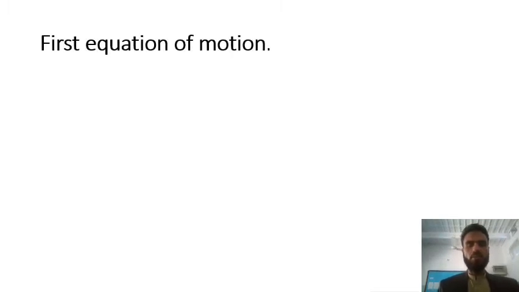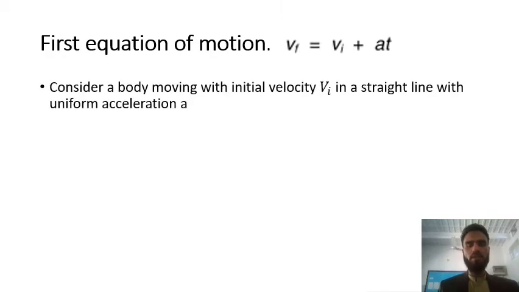So, first equation of motion, which is Vf is equal to Vi plus At. We have already discussed which type of symbol should be used for which type of quantity. So in order to derive this equation, consider a body which is moving with initial velocity Vi in a straight line, first assumption, and with uniform acceleration, second assumption.